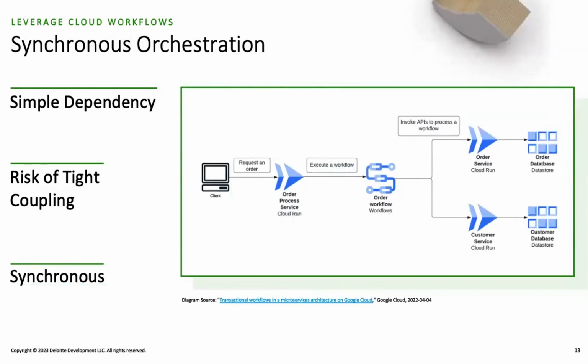And in this architecture design, you can see the same business scenario, but here I have an order processing service in front of everything. When the request comes in, this order processing service takes the request and executes a workflow.